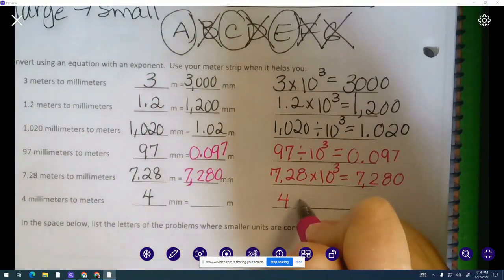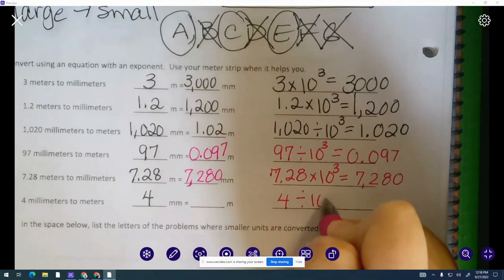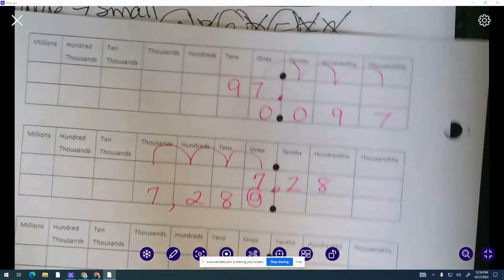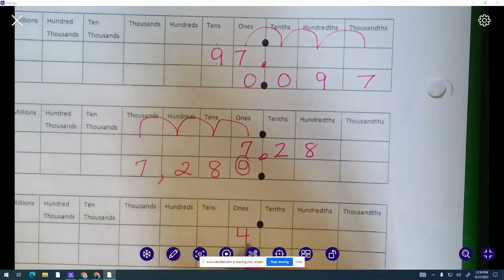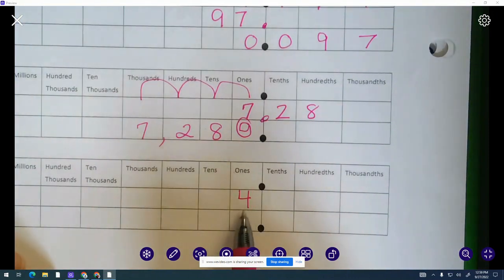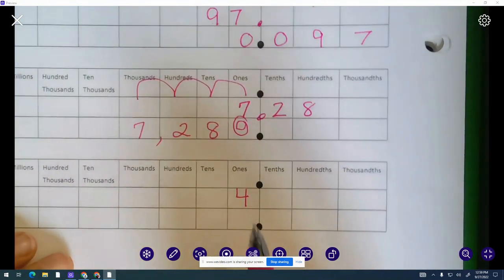So it is 4 divided by 10 3 times. If it's divided, we know my number is getting smaller. And that makes sense because I have 4 millimeters and I want to figure out how many meters I have.